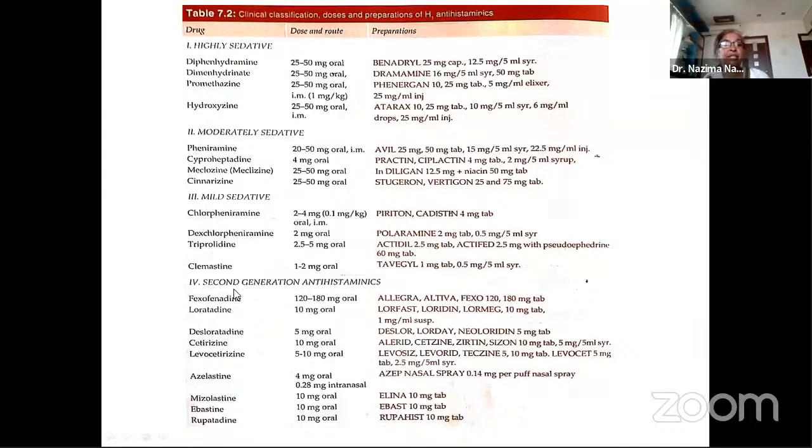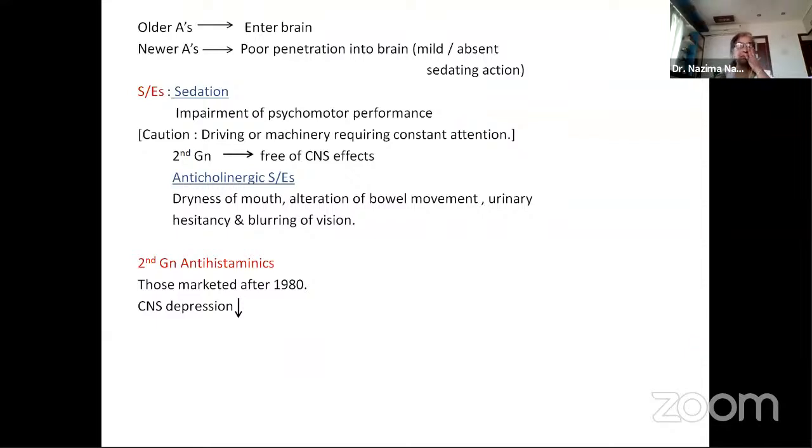Then we have the second generation or newer generation antihistaminics, which include fexofenadine, loratadine, desloratadine, cetirizine, levocetirizine, azelastine, mizolastine, ebastine, and rupatadine. So all these are included under the conventional antihistaminic drugs.